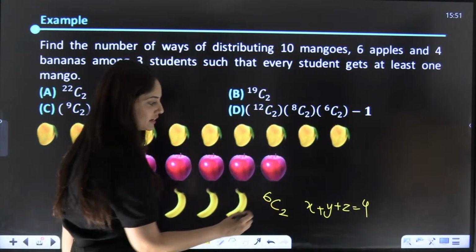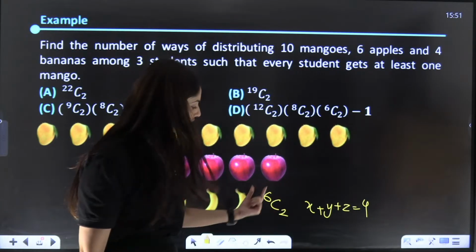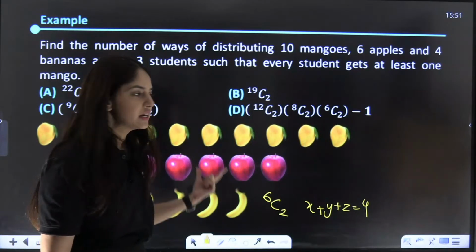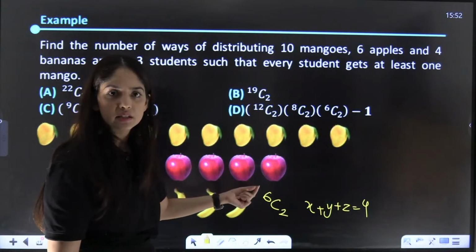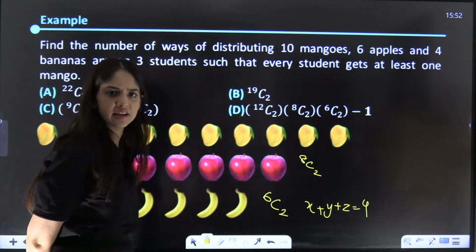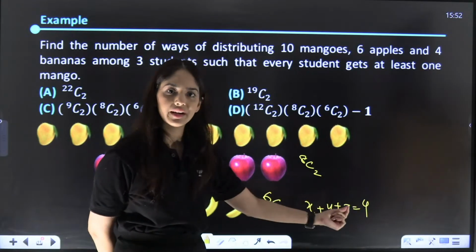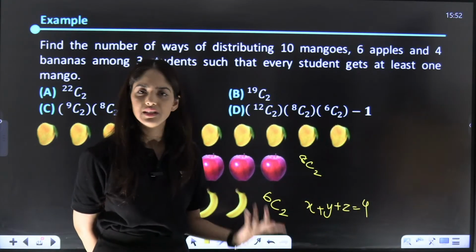So 4 plus 3 minus 1, C 3 minus 1. So 6C2 ways of distributing the bananas. Similarly for 6 apples, there are 8C2 ways of distributing. Same way, right? x plus y plus z is equal to 6. So 6 plus 3 minus 1, C 3 minus 1. Same formula.